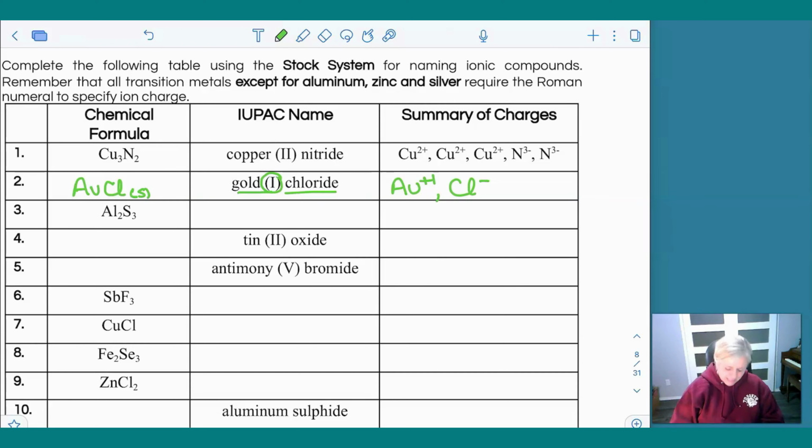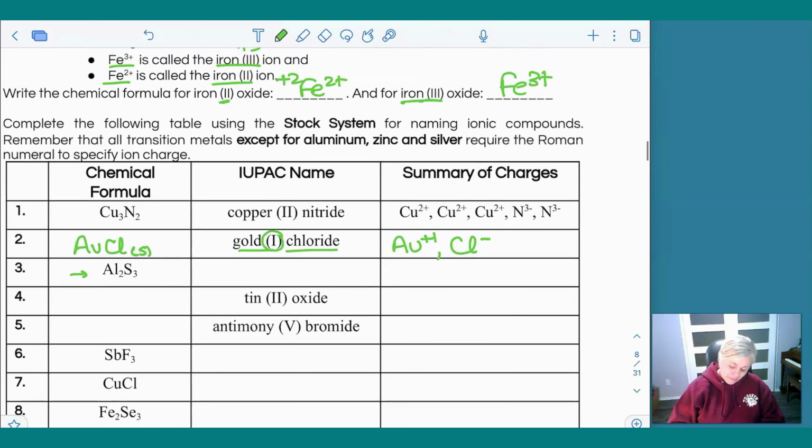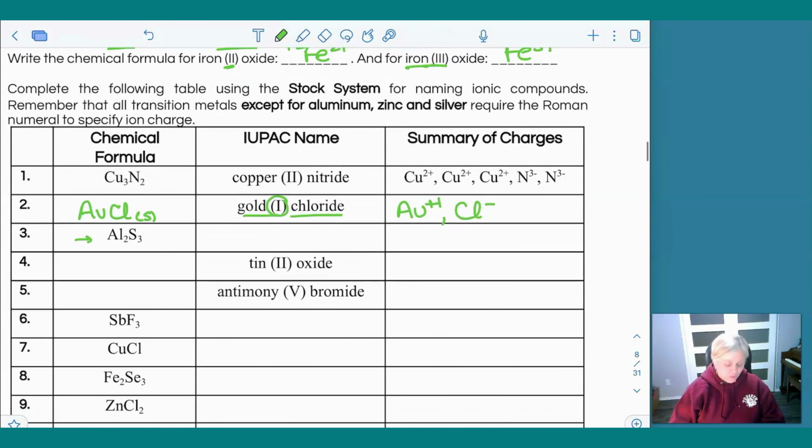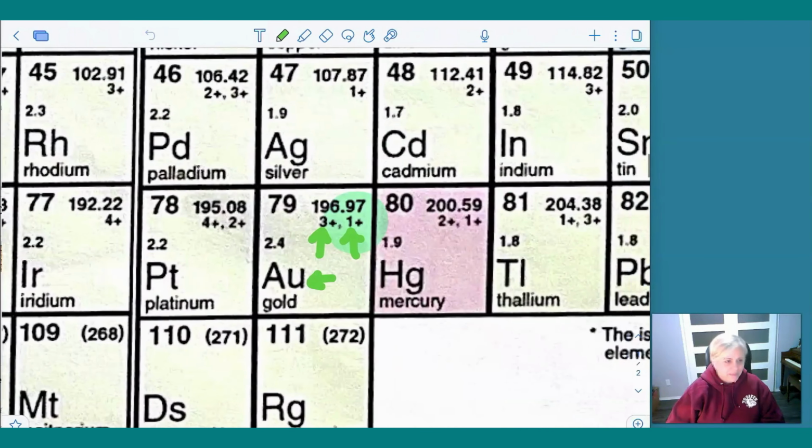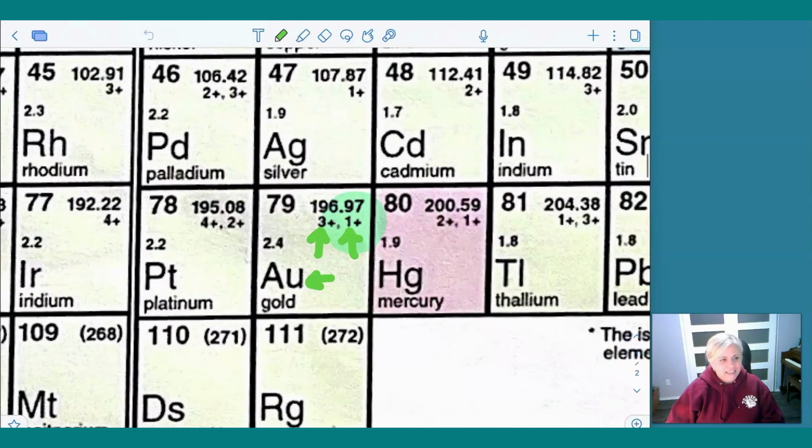The second example is kind of a trick question for you on here, because if you look up aluminum, it's on this multivalent example worksheet, but when we look at aluminum, it is actually not multivalent. Aluminum only has the possibility of behaving in this way. It's going to give away 3 electrons every time.